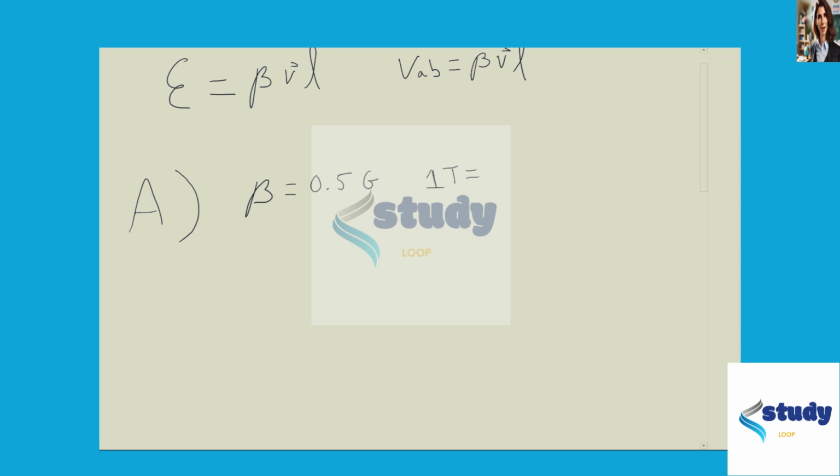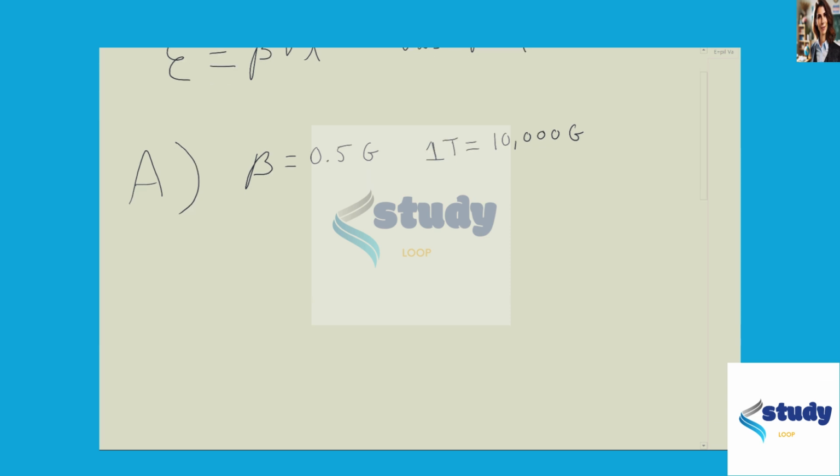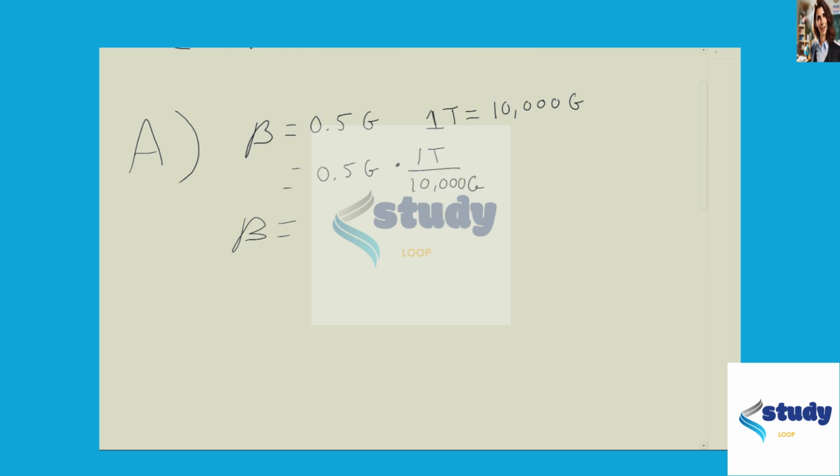One Tesla is equal to 10,000 Gauss. So it'd be 0.5 Gauss times 1 Tesla for every 10,000 Gauss. So our magnetic field is going to be 5 times 10 to the negative fifth Teslas.